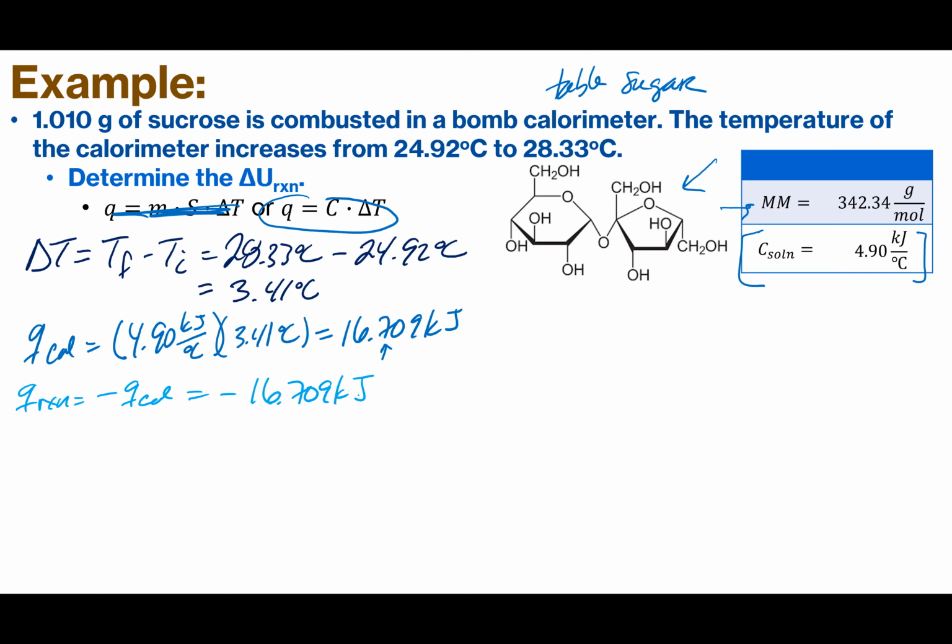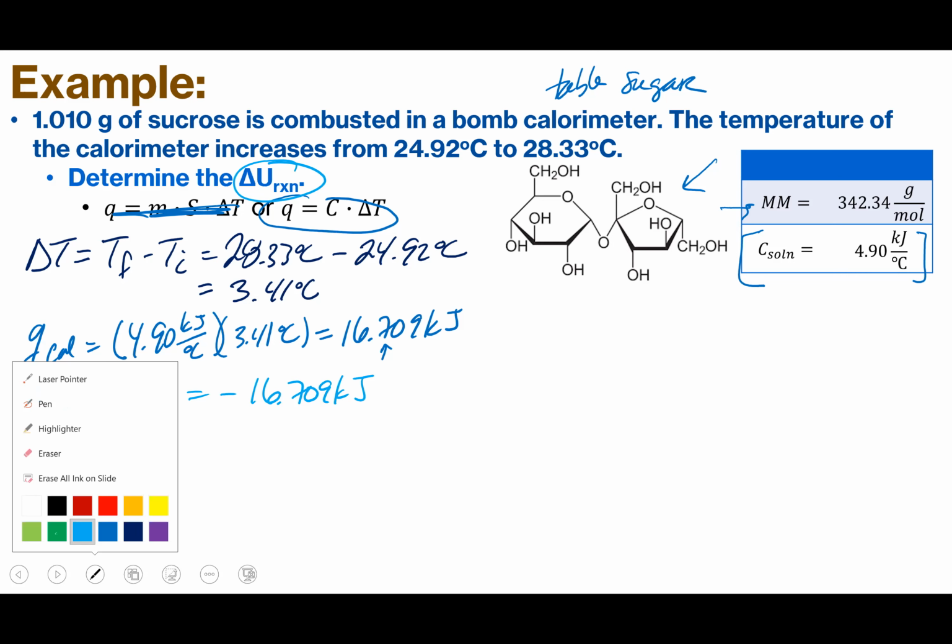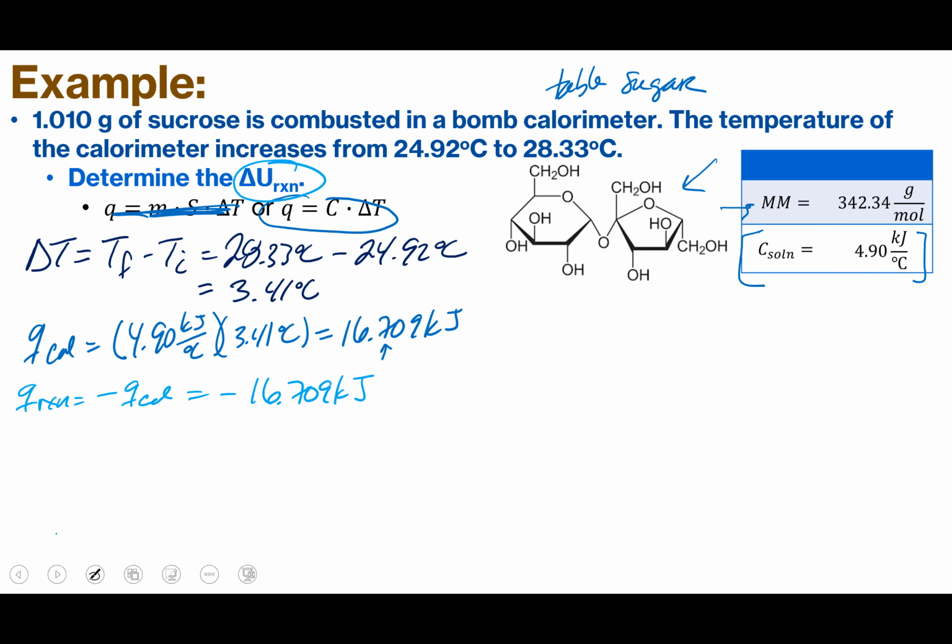What we want is delta U, and delta U is going to be given in kilojoules per mole. Okay, so this kilojoules is for 1.010 grams of sucrose. So we want to get kilojoules per gram, or, I'm sorry, kilojoules per mole.